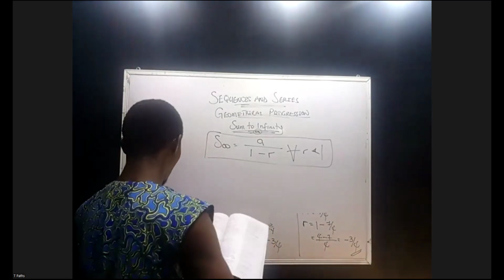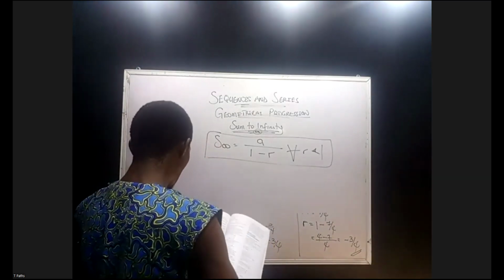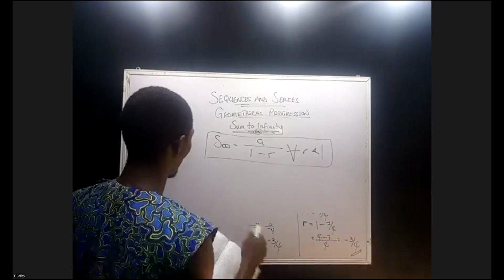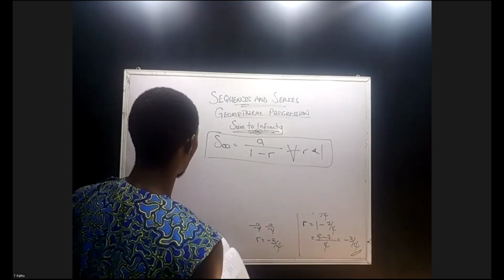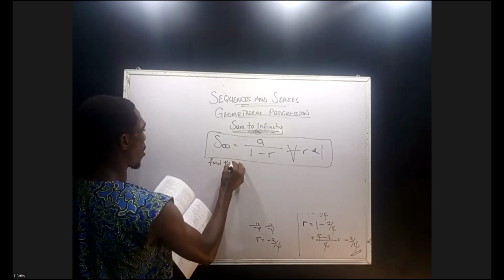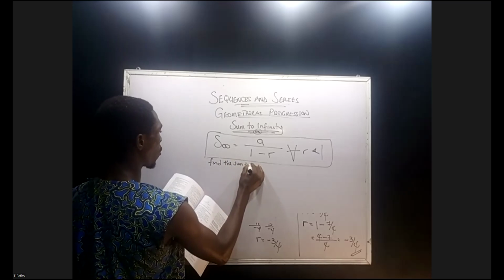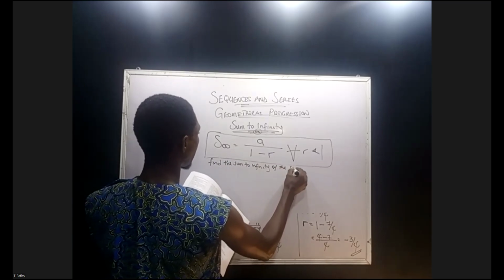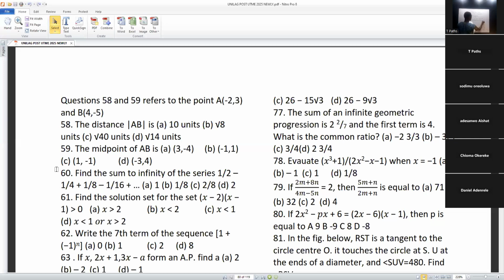One more question. Okay. I have another page, the same page 80. Yes, question 60. This one says, find the sum to infinity of the series 1 over 2 minus 1 over 4 plus 1 over 8 minus 1 over 16 plus infinity.